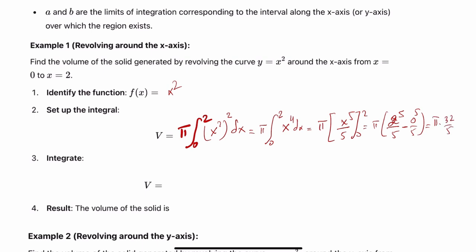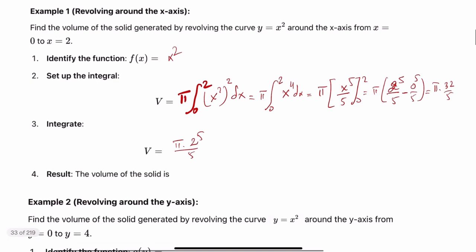As long as you write this, your answer will be considered correct. So the volume is pi times 2 to the 5 over 5. Perfect, so this is our volume.